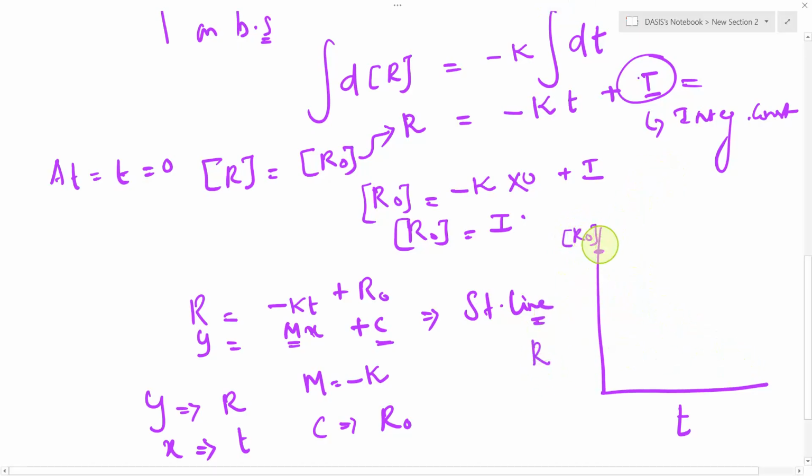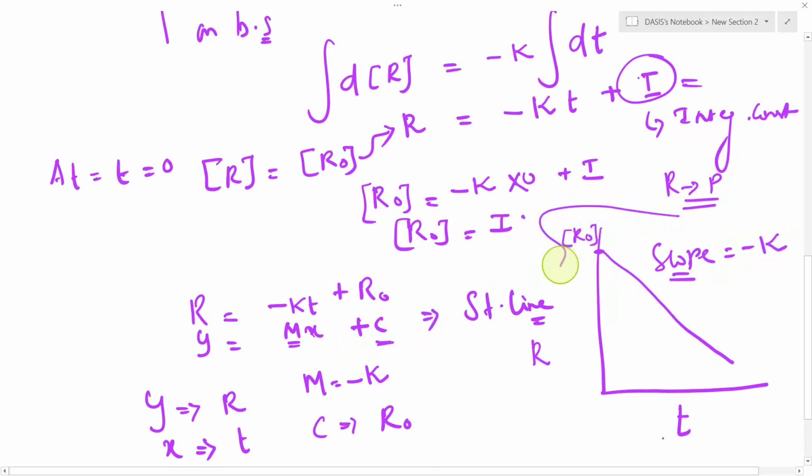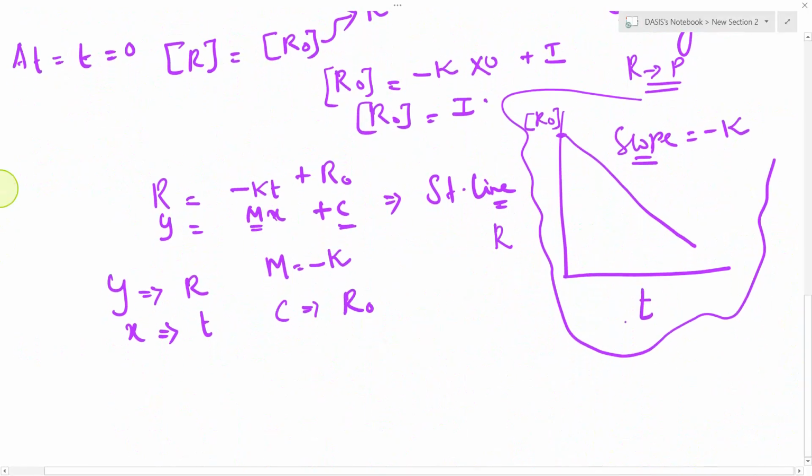In a reaction, reactant gives a product. What happens to the concentration with respect to time? The concentration decreases. What is the slope here? We found the slope is minus k. So this is the graphical structure for a zero order reaction. Got it?